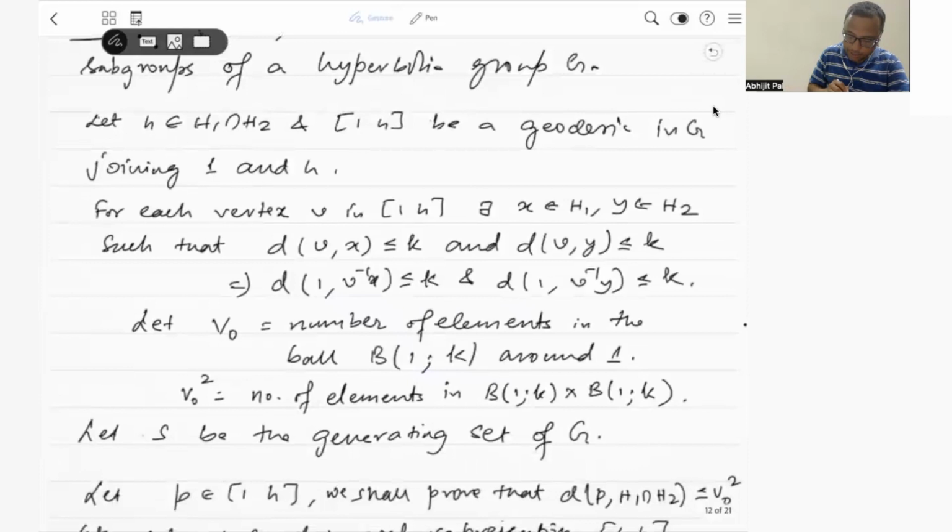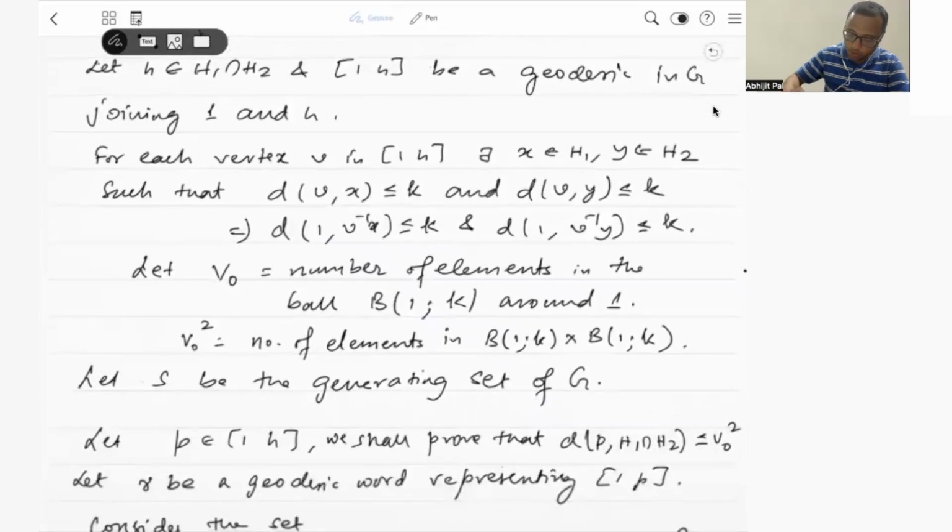And now let us take S to be the generating set of the group G. What we will prove is that if I take any vertex P in the geodesic joining 1 to H, the distance between P and H1 intersection H2 is less than or equal to B naught square. So this will prove that H1 intersection H2 is a quasi-convex subgroup.